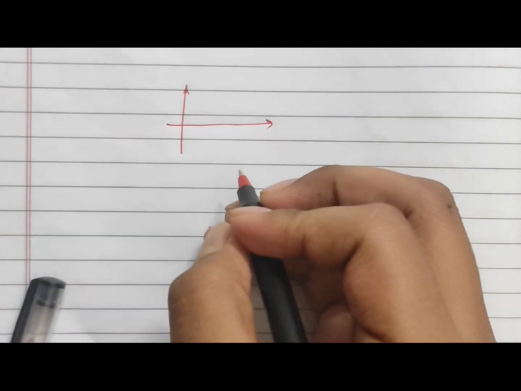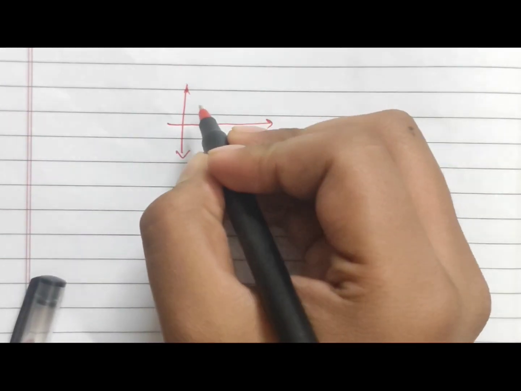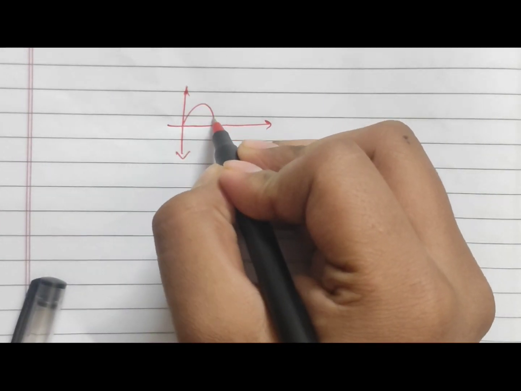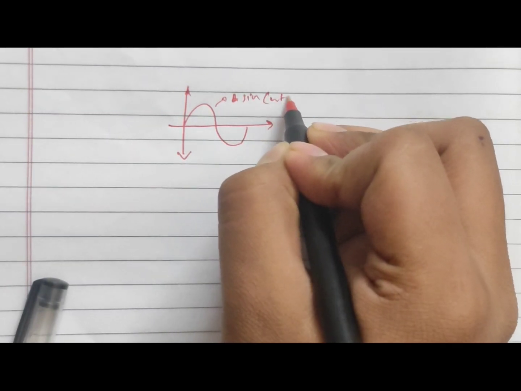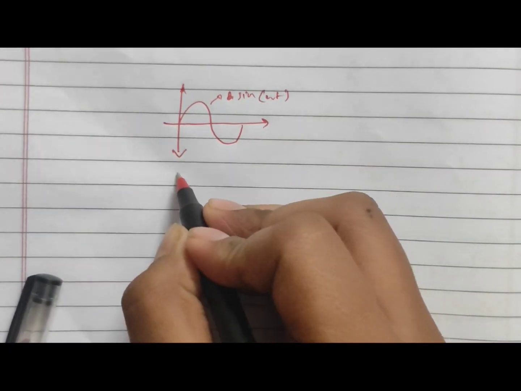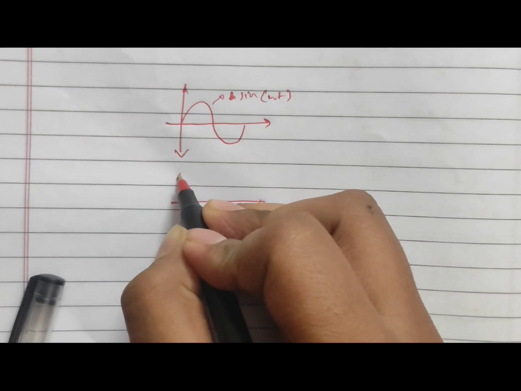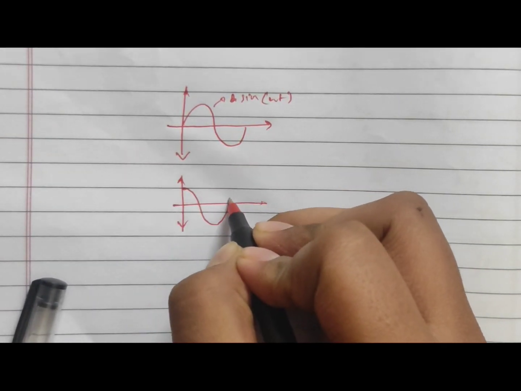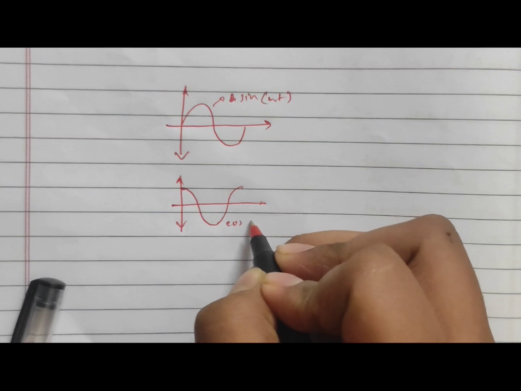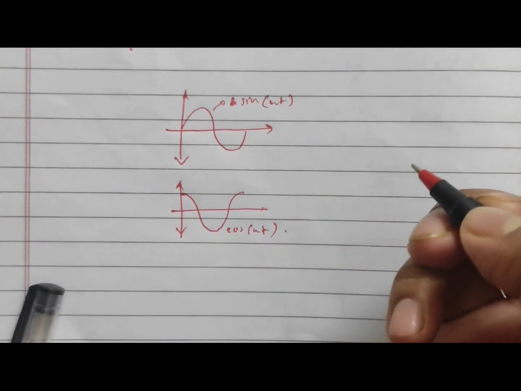Now let us check an example of a sinusoidal signal, sine omega t. If we apply an input voltage of sine omega t to the input, then at output we get a cosine waveform, cos omega t.